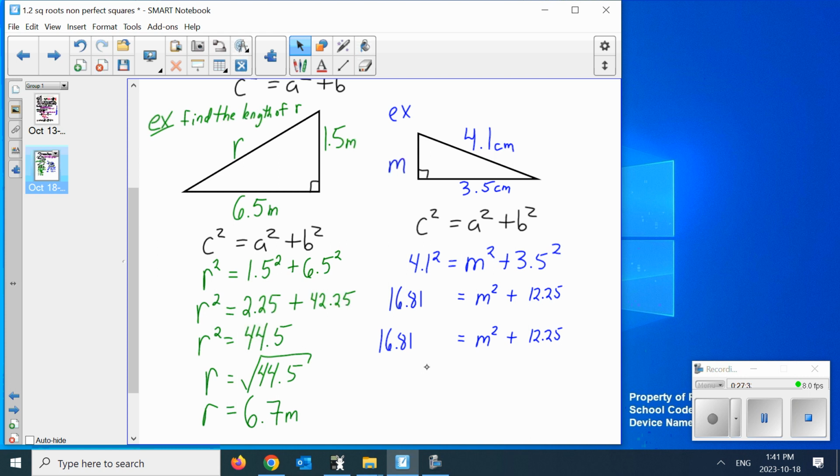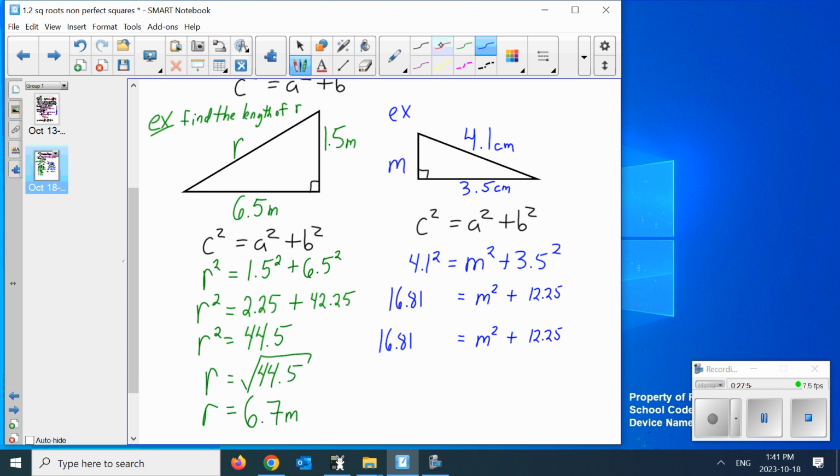I want to get the letter all by itself using addition or subtraction. M squared is on the right-hand side, but it's added to 12.25. What's the opposite of adding 12.25? The opposite operation is subtract. If I subtract from one side, I've got to subtract from the other.